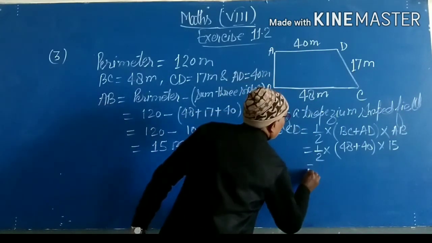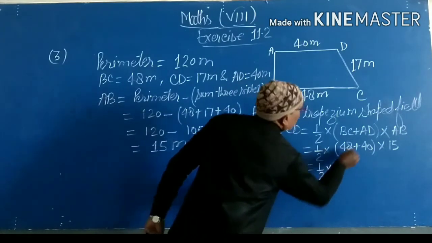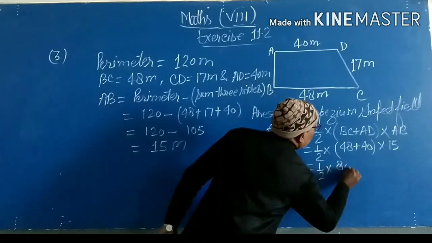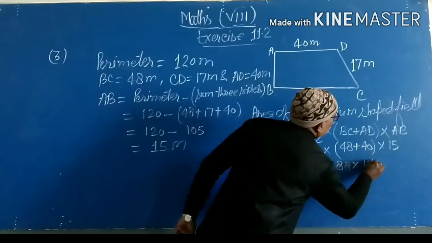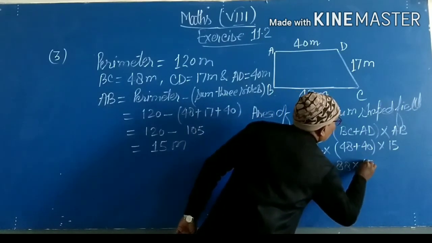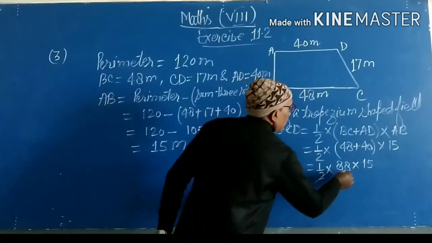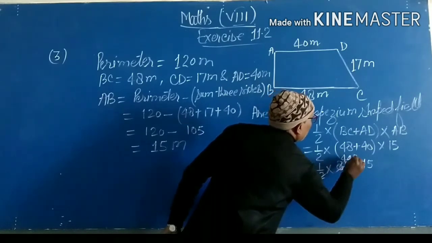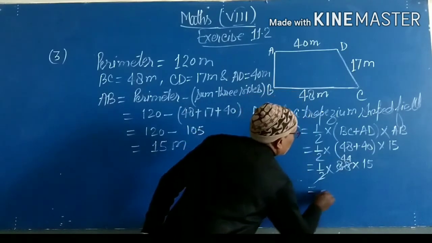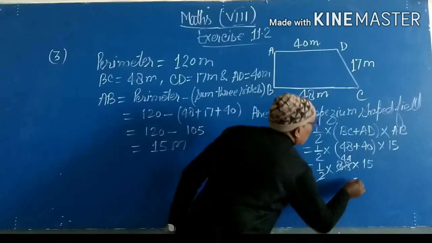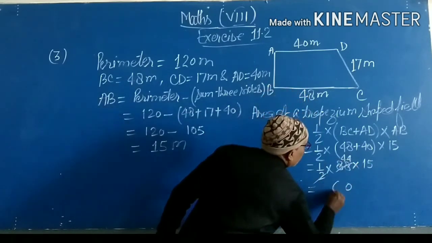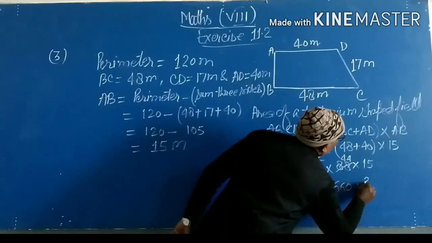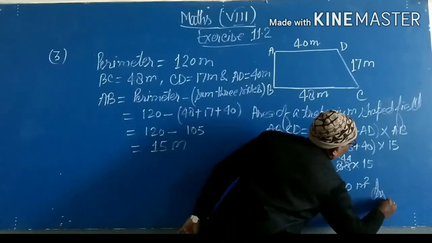So 1 upon 2 into 88 into 15. Then 15 times 4 is 60 and 6, 660 meter square. It is your answer.